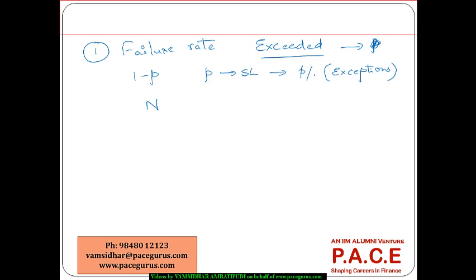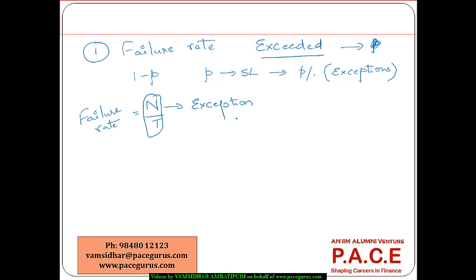So N is the number of days where there is an exception out of the T number of days which I have looked at as the sample. These are the number of exceptions in actual, and the actual proportion of exceptions I am calling the failure rate.